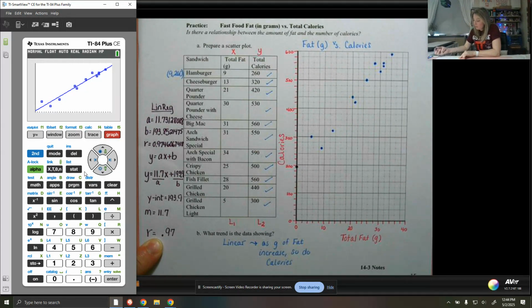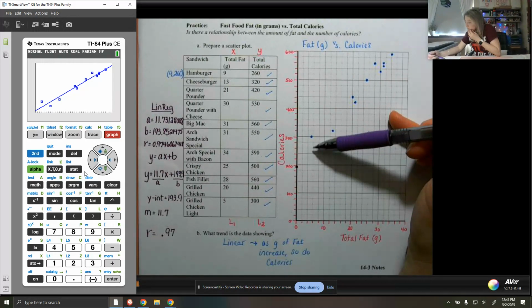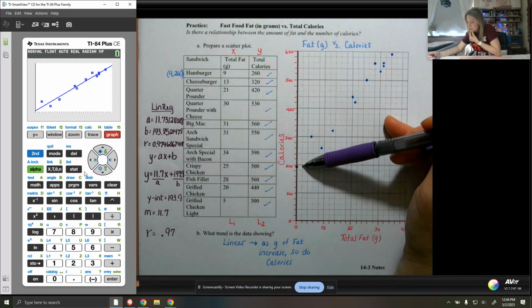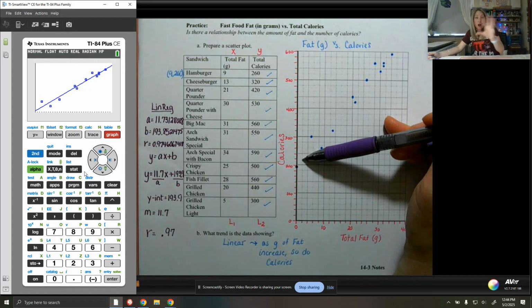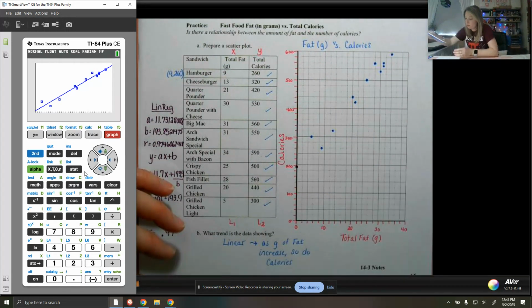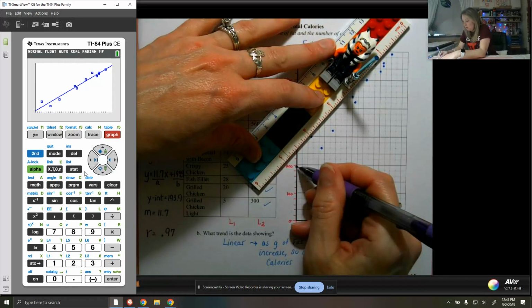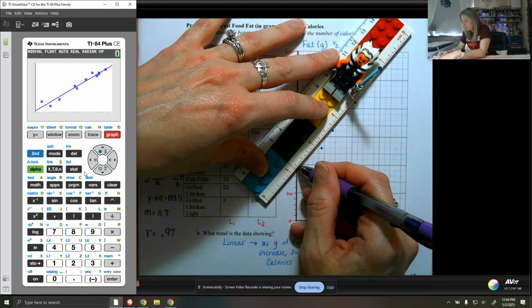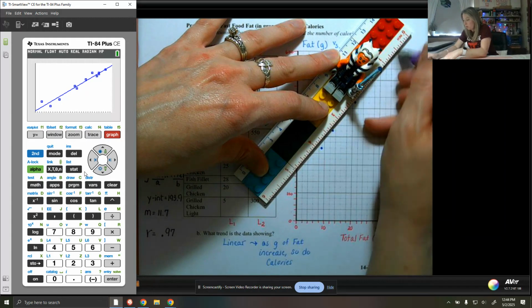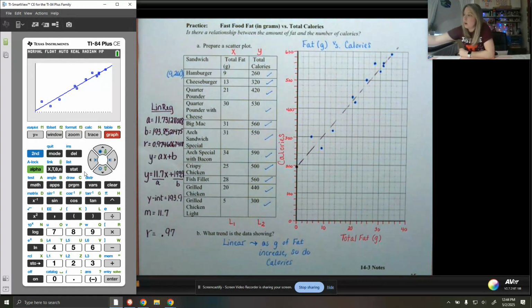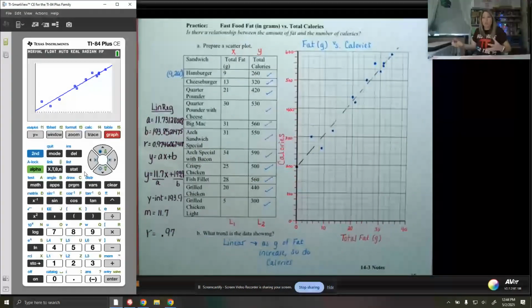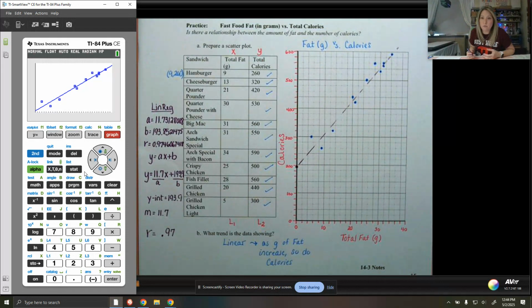Okay, so if I think about, well, each of these lines is 2 and each of these lines is 100, I could turn that into a slope, right? Or I can just guesstimate a few points above, a few points below, so we can have an idea of what a line of best fit looks like on our graph.